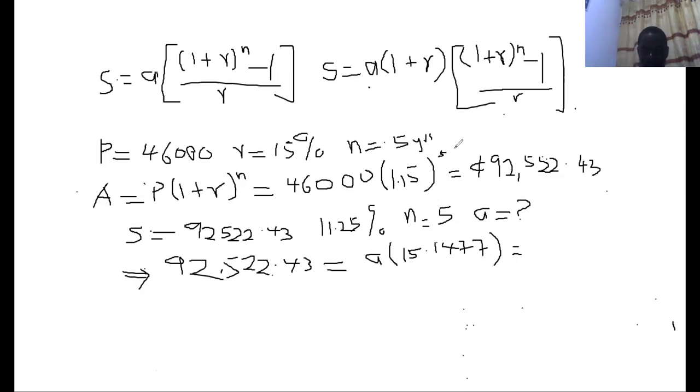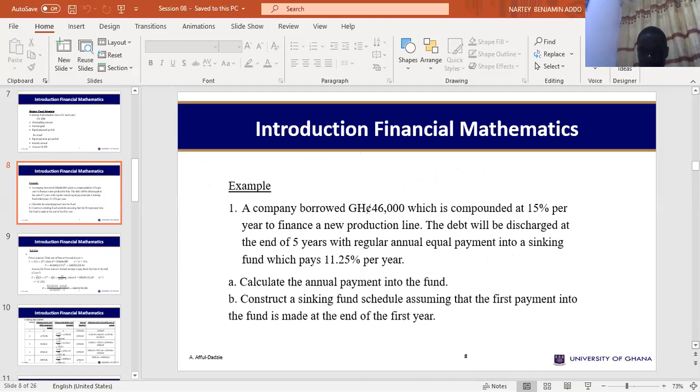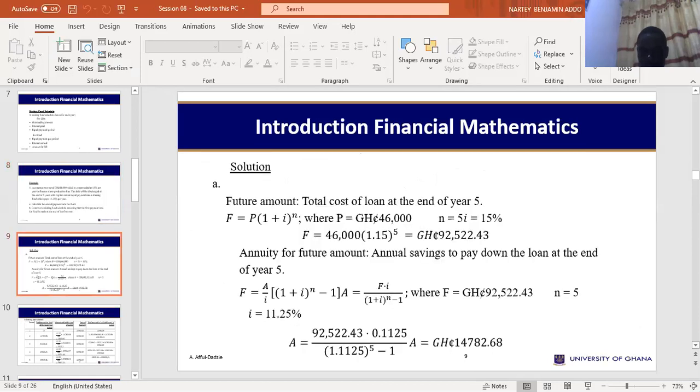Okay, let me check my calculation. I think I didn't do the right computation.